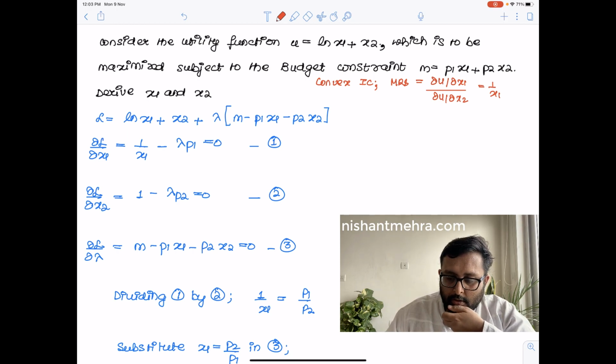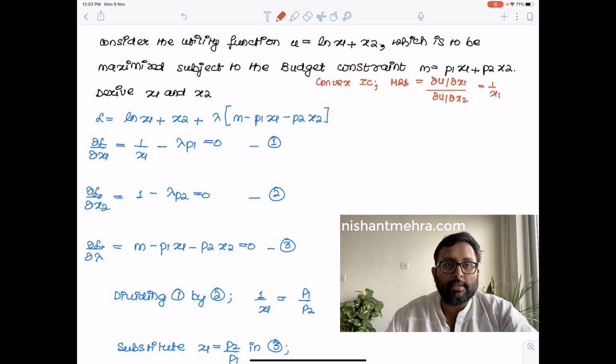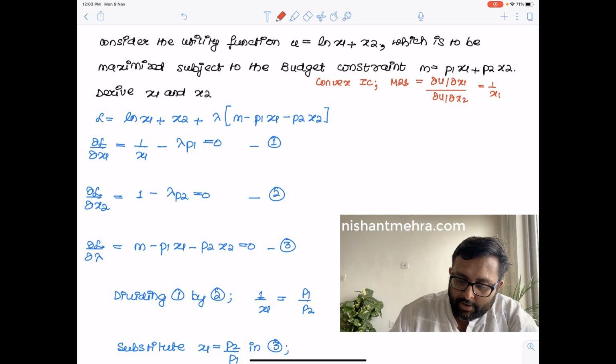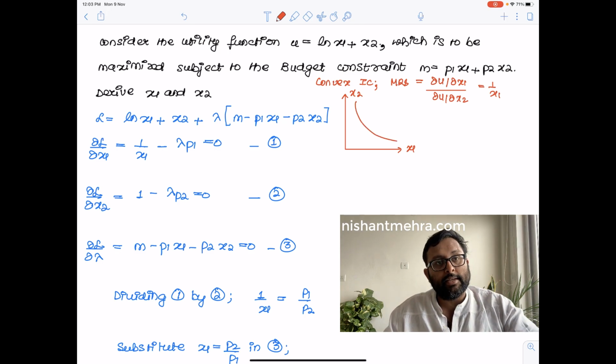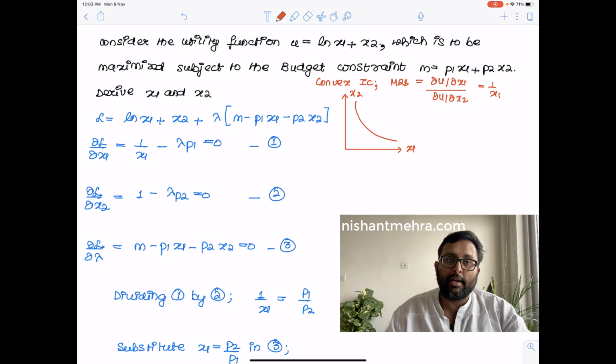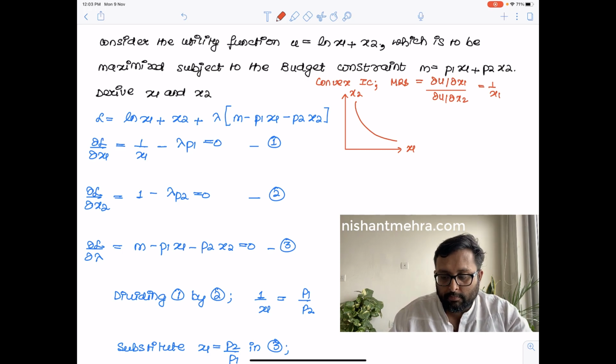Now the idea is, when do you say MRS is diminishing? With x1 out here and x2 out here, as x1 is increasing and x2 is falling, MRS is falling. Or in some cases, if x1 is increasing and x2 is constant, there also MRS is diminishing.